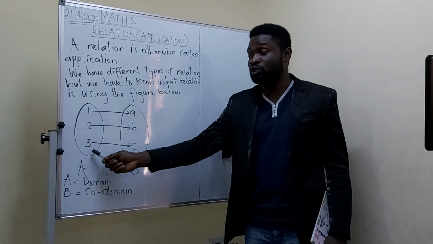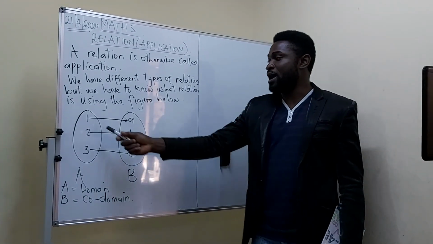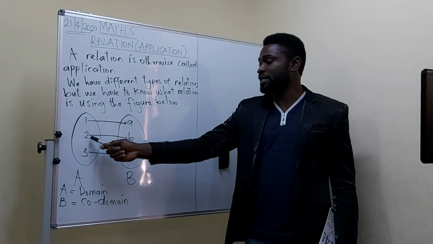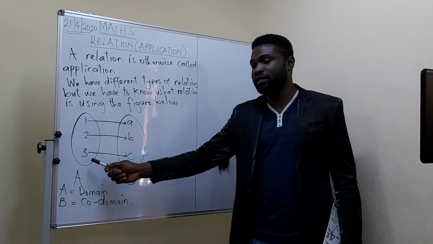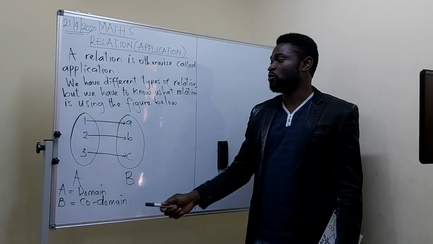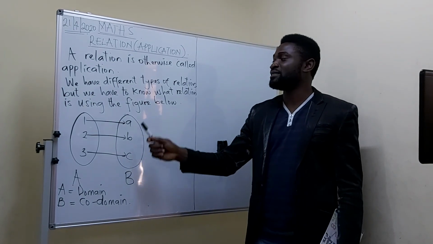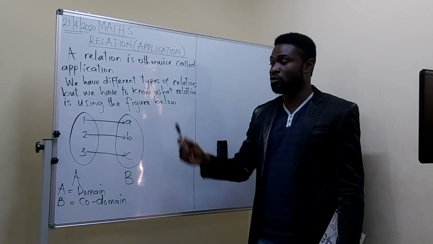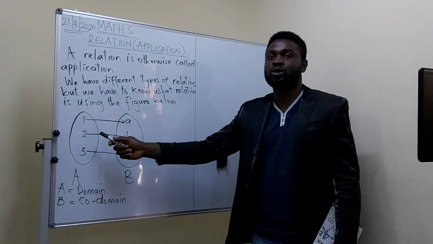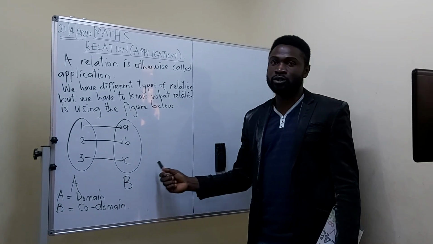This is from the domain to the codomain. Now, 1 is connecting or is binding with A, 2 is binding with B, and 3 is binding with C. So when you have a diagram like this, it means this can be called a relation. Why? Because every element in the domain is connecting or is binding with elements in the codomain.